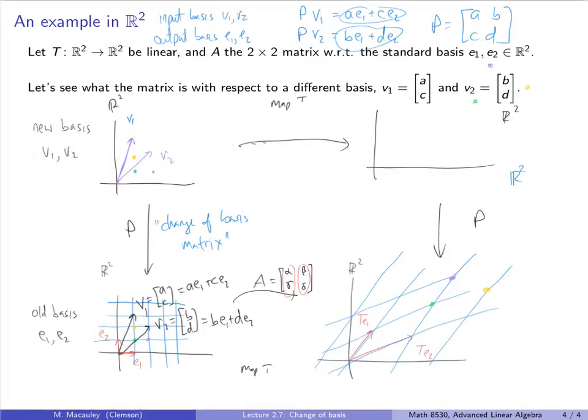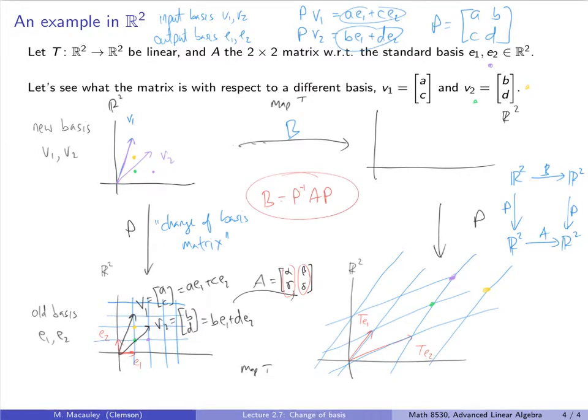So R2 to R2. Let's call this B. So this is B, this is P, this is R2, R2, this is A, this is P. So we conclude that in our new basis, B is equal to P A P inverse.